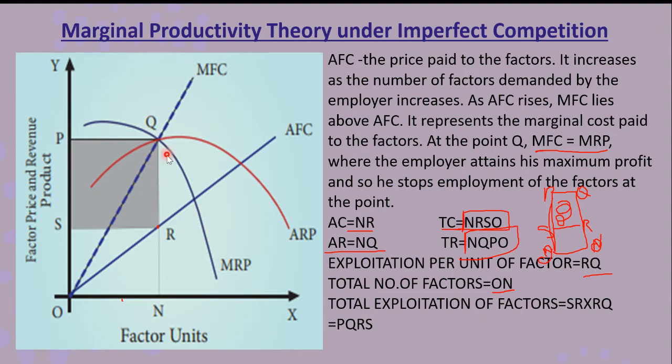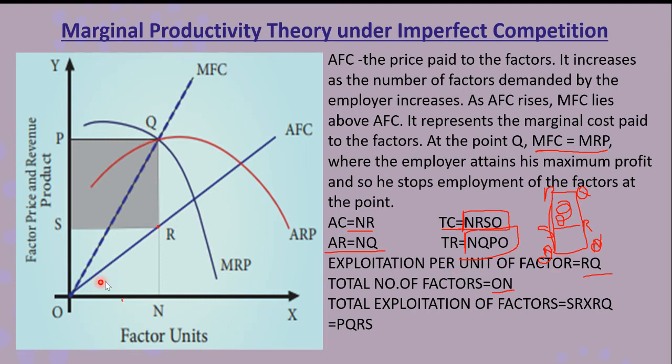So this point R to Q is called as the exploitation per unit of factor. RQ is called as exploitation. What do you mean by that? Actually, the person must be given more salary, but the entrepreneur is giving him only less. So he's trying to exploit the factor of production. How much is he exploiting? He is exploiting RQ.